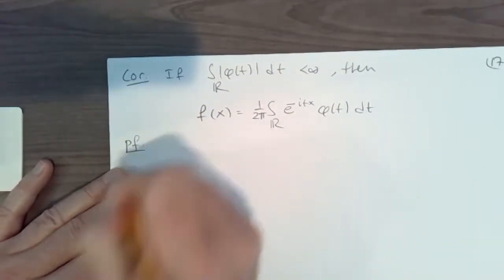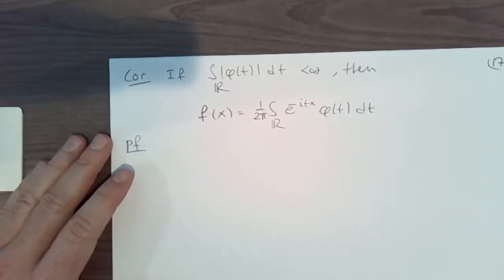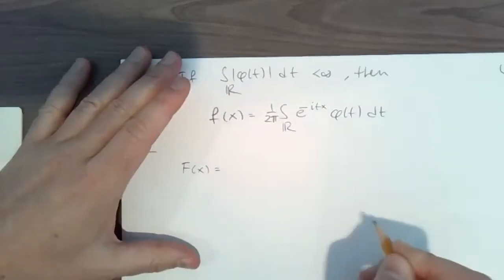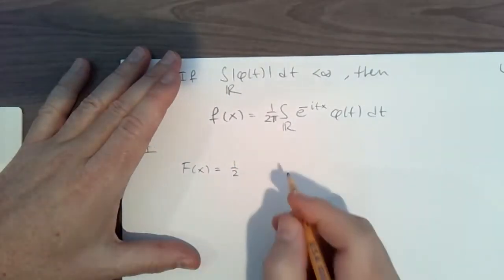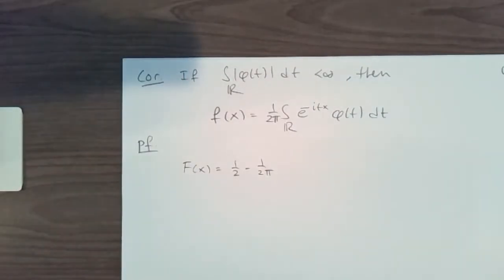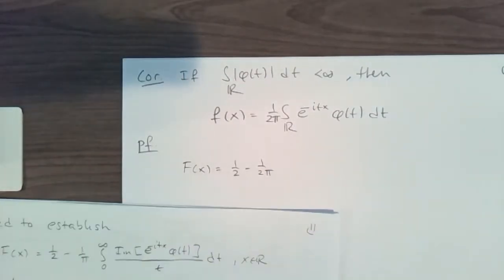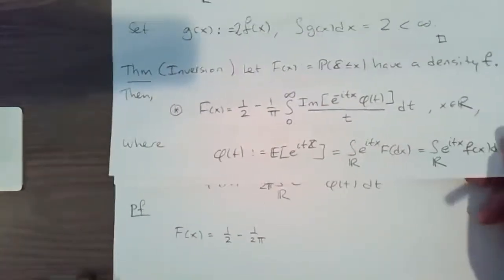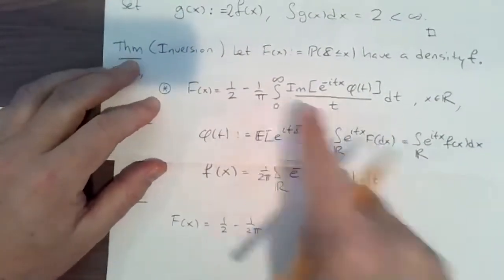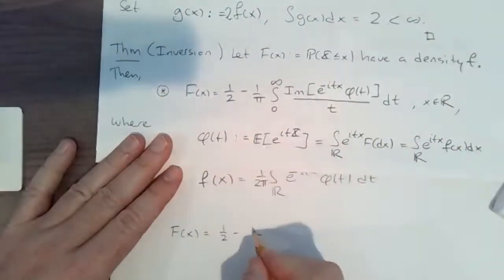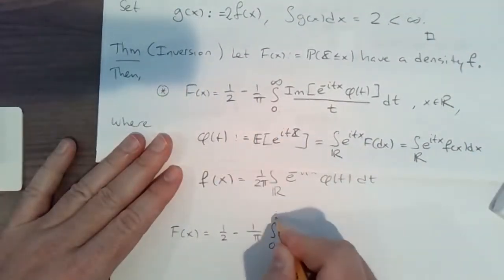And the proof is not bad. So you write f of x of that form that we had: 1/2 minus 1 over pi, and then it was this integral.